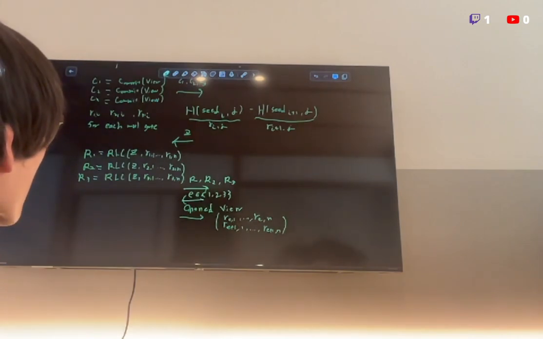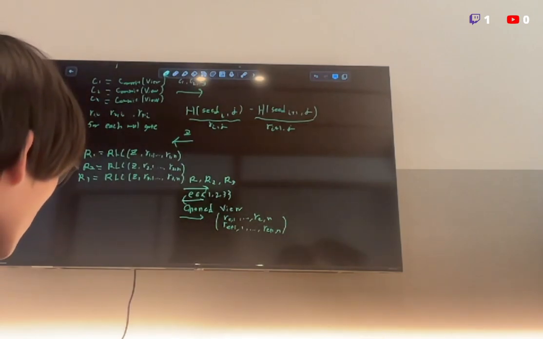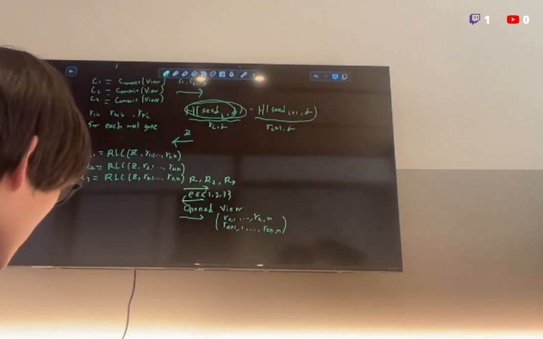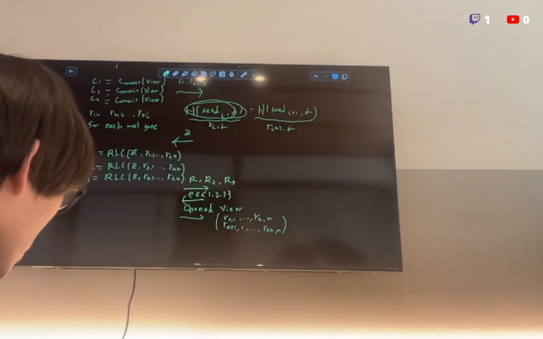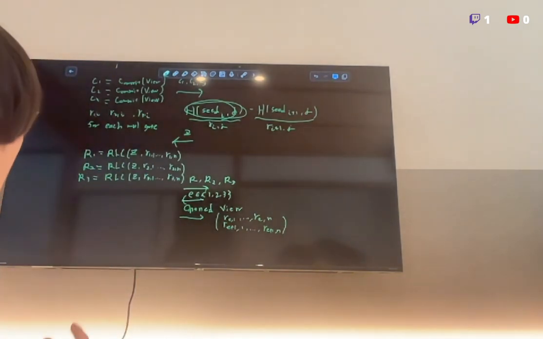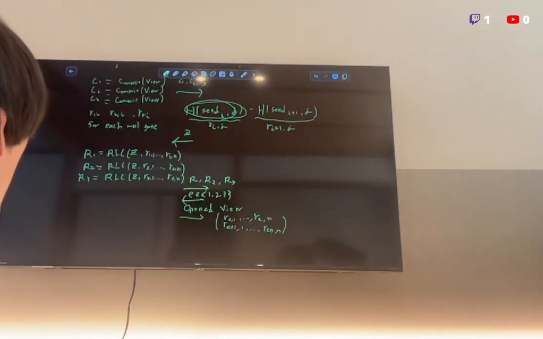Yes. And then how do they verify it's the SHA-256? It does not check the hash, so it does not compute this computation. Instead, it checks that the random linear combination using the opened value and the Z is equal to the previously submitted randomness commitment, big R1 or big R2 or big R3.